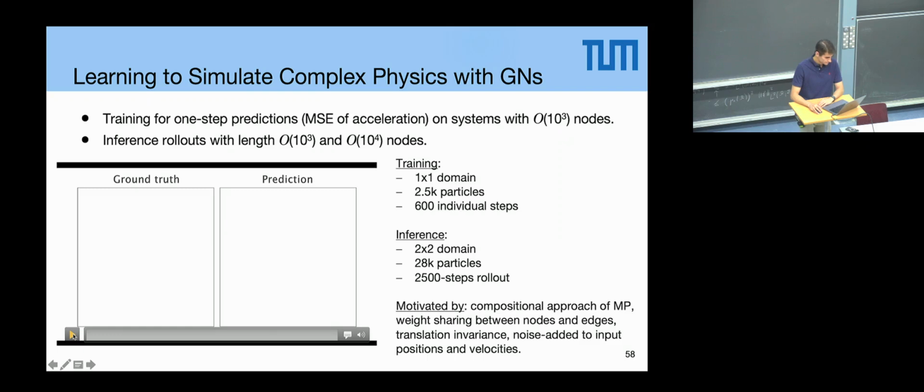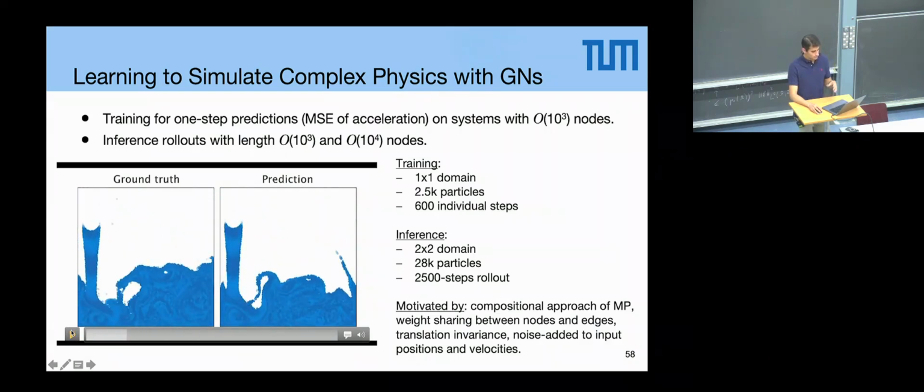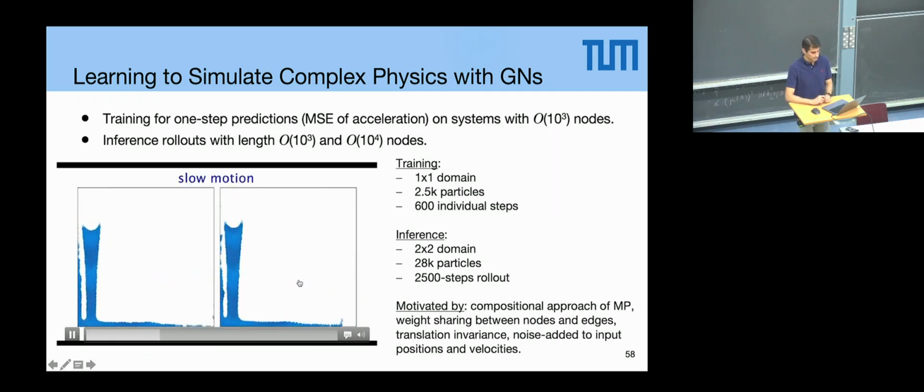Okay, we have here what this video wants to work on now. So we have here some example when they are simulating a fluid. They train here with 2,500 particles, and then at inference they have 28,000 particles. And we have the prediction and the ground truth. We see that the resemblance between both is very high.